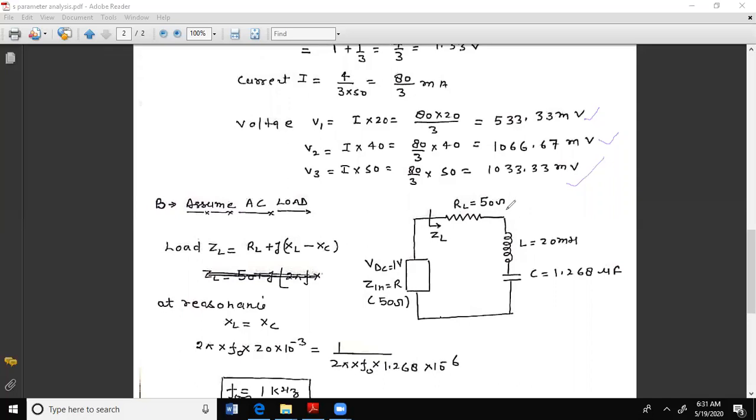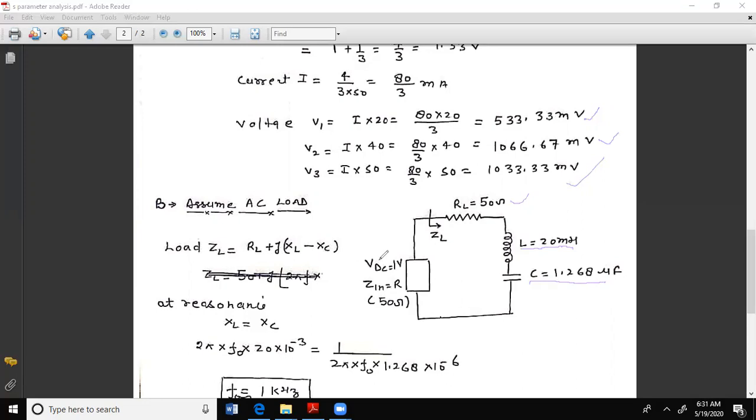RL equals 50 ohm, L is 20 millihenry, and the capacitance is 1.268 microfarad. So now the load is RLC type, and the value of ZL is RL plus j into XL minus XC.